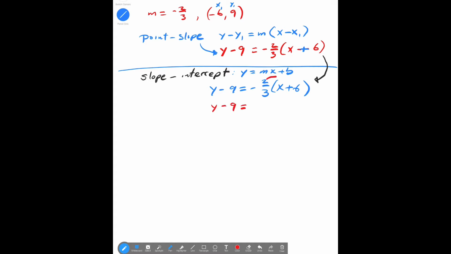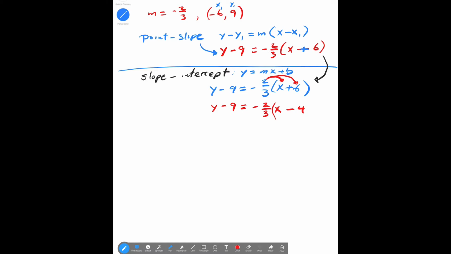Y minus 9 equals, you need to use the distributive property to get rid of parentheses. That's negative 2 over 3 x, and negative 2 over 3 times 6, that would be negative 4. Please do not do this. That is wrong.